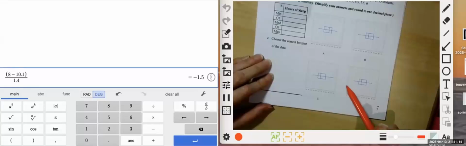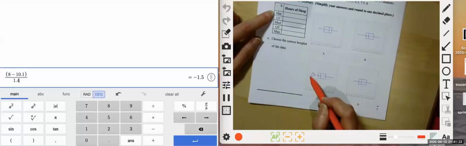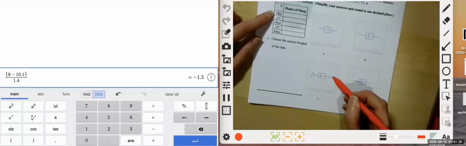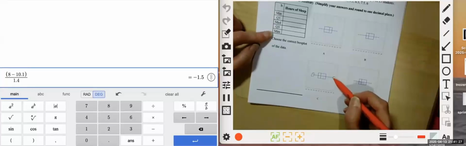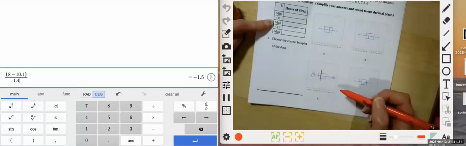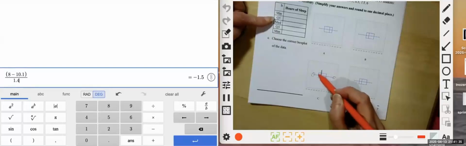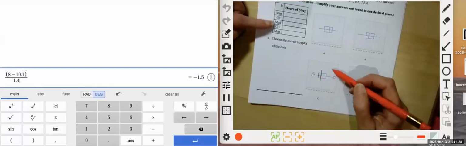You guys good with the box and whisker plots? So the smallest number is always the minimum. The largest number is always the maximum. The median is always that line. The median of the lower half of the data is one side of the box.